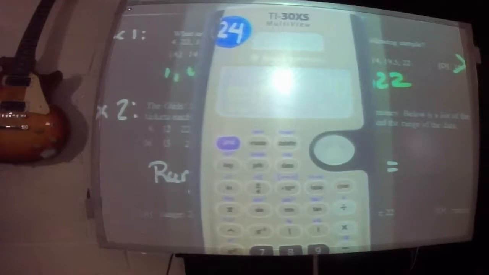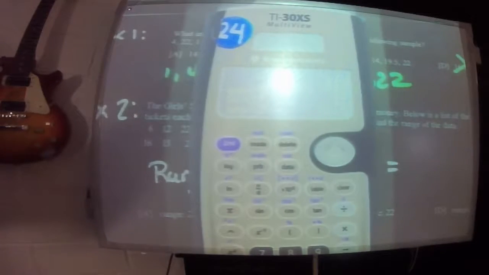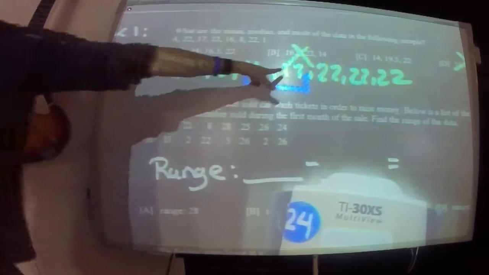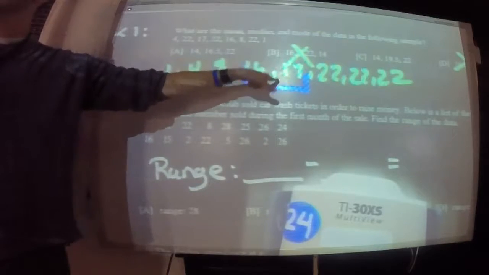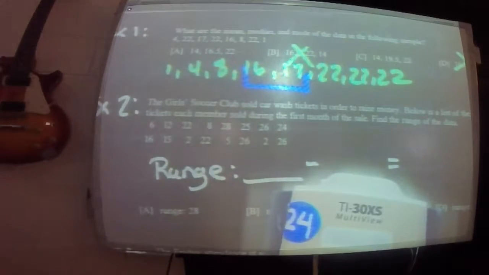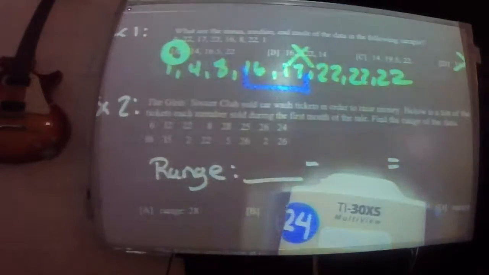Halfway between 16 and 17 is 16.5. If you had 16 and 18 as your middle numbers, the median would be 17.